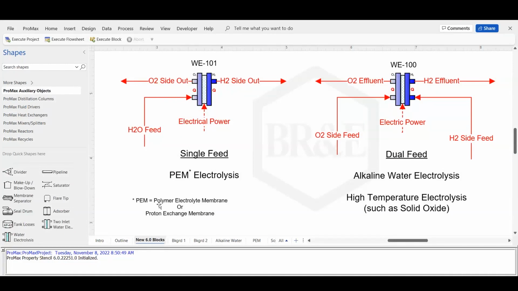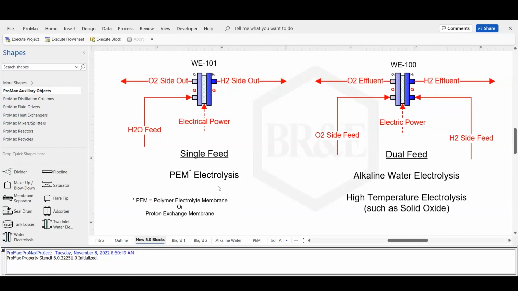And it's kind of funny, but PEM seems to equally stand for polymer electrolyte membrane electrolysis or proton exchange membrane electrolysis. I see it just about equally represented when I try to research on this topic.